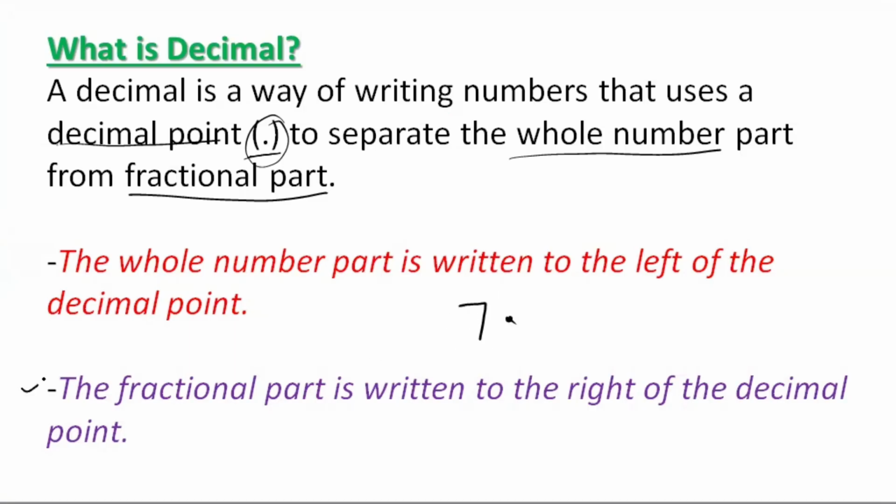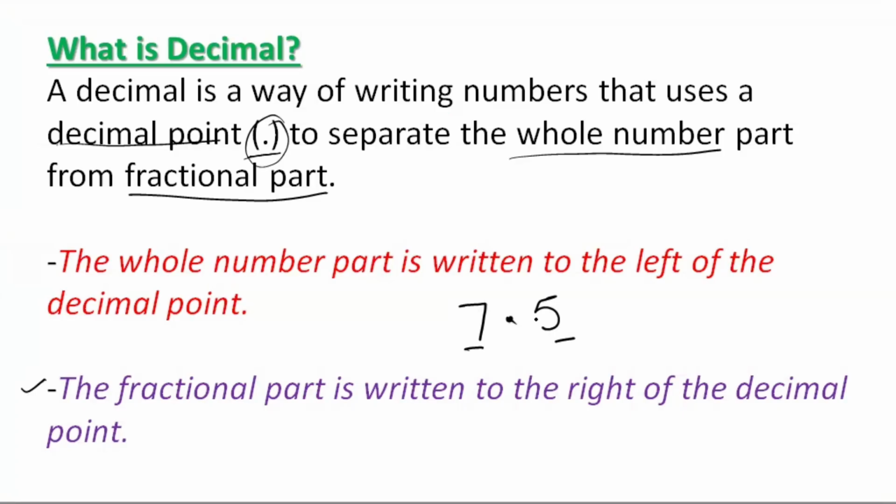And the fractional part is written on the right of the decimal point. This is the right side of the decimal point. So if it is 5, this is the fractional part. This is the whole number part, this is the fractional part, and this is called the decimal point.